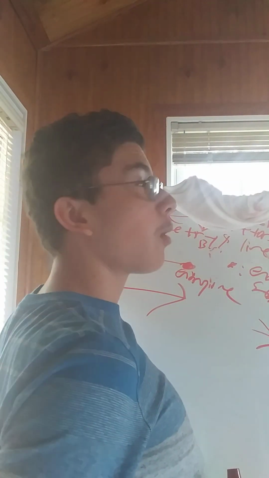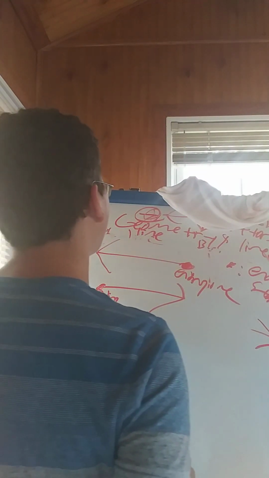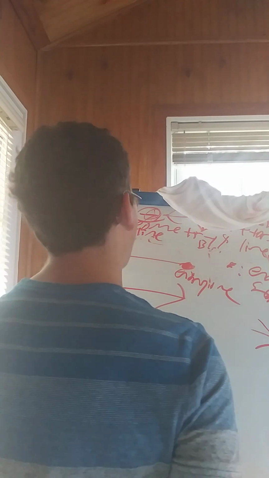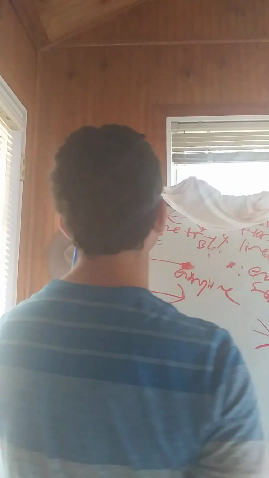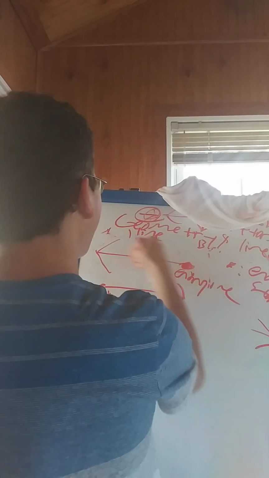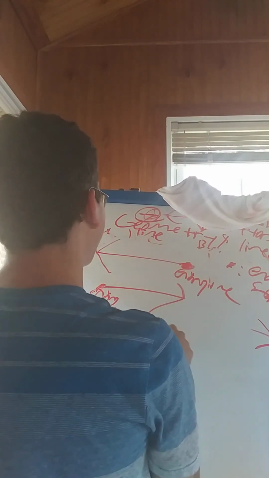But we're going to read left to right. So remember the line always goes into the mouth of the arrow. So this would be the ending point.